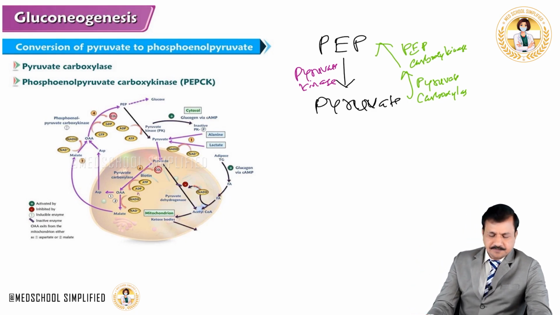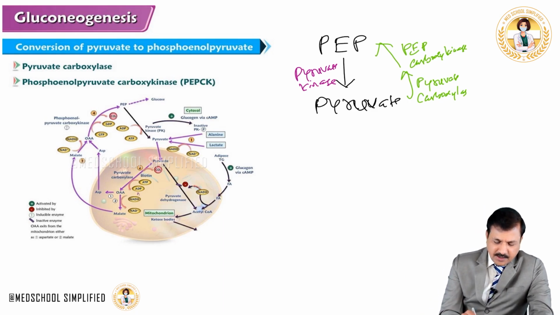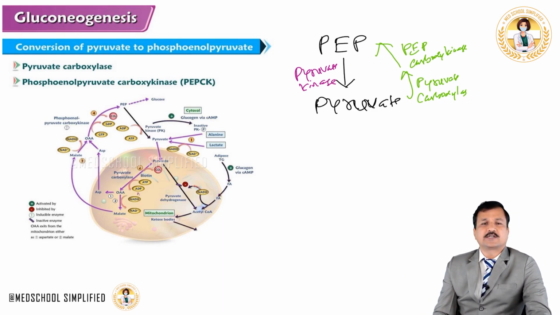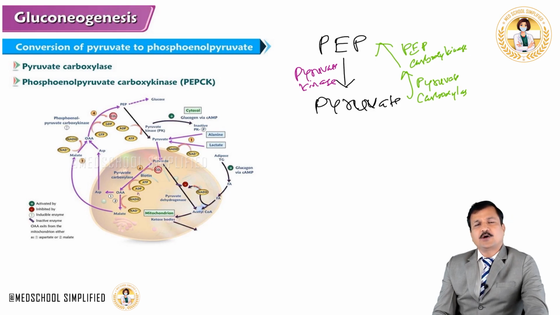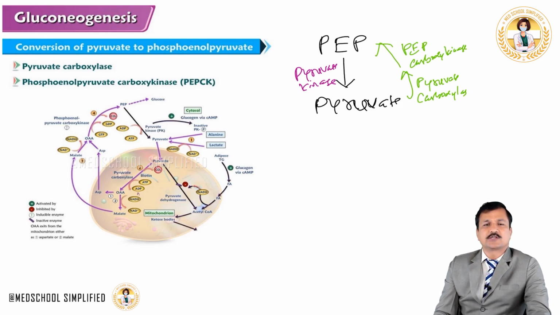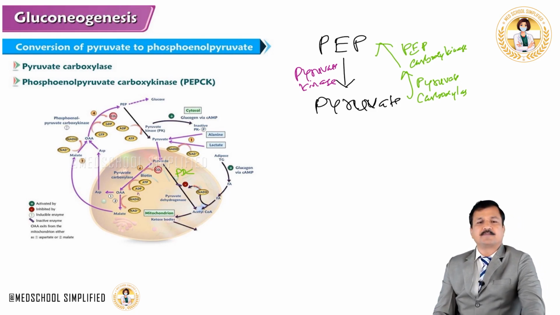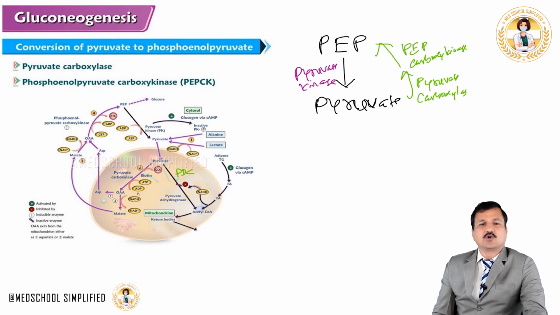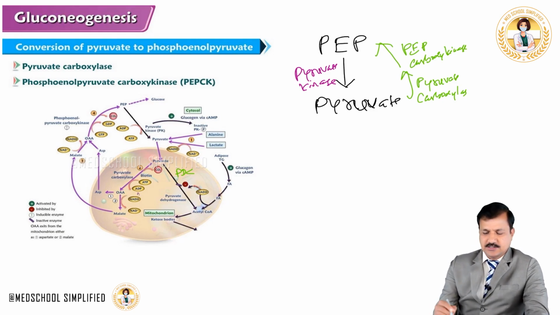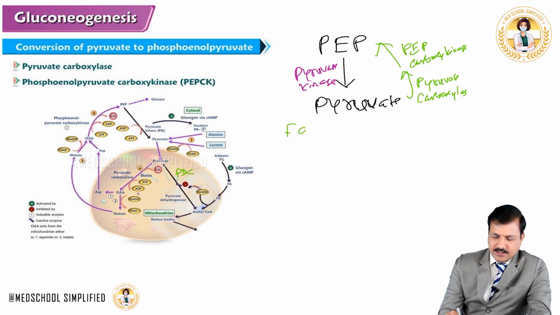So what happens there? Pyruvate in the matrix of mitochondria has two fates. One fate of pyruvate is to go towards acetyl-CoA, done by the pyruvate dehydrogenase complex. The other fate is to go towards oxaloacetate formation. Now, which side will this be going on? Note that gluconeogenesis is going on under fasting condition.